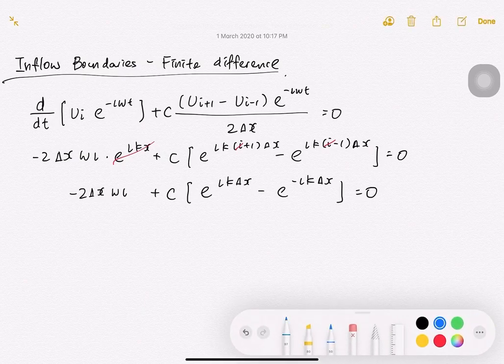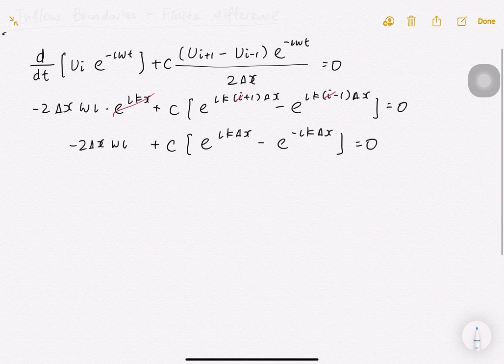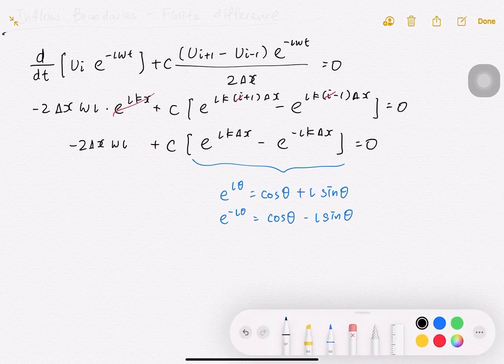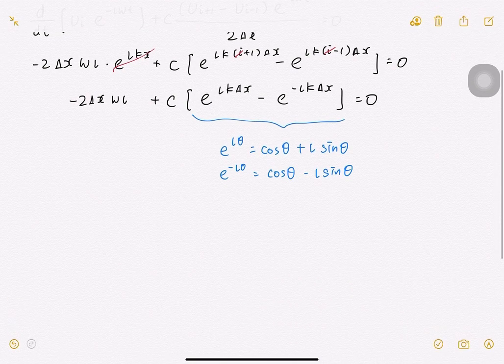And then I'm writing everything here. Assume that you already know this: sine theta plus iota sine theta. Okay, so now what do we have?